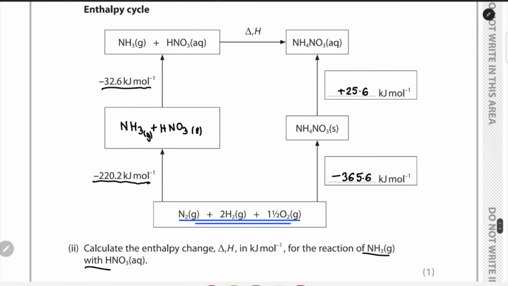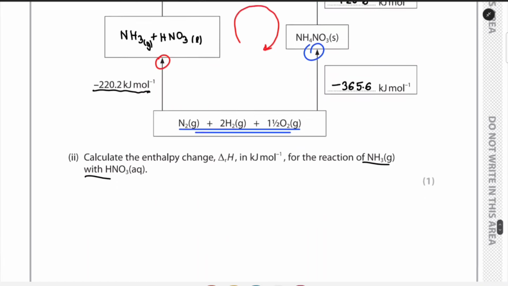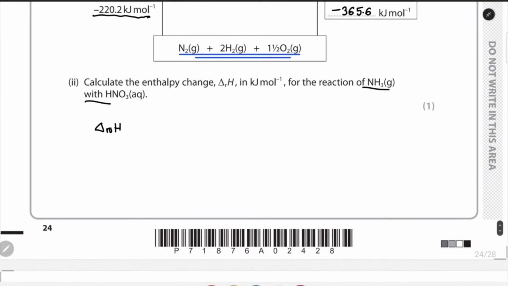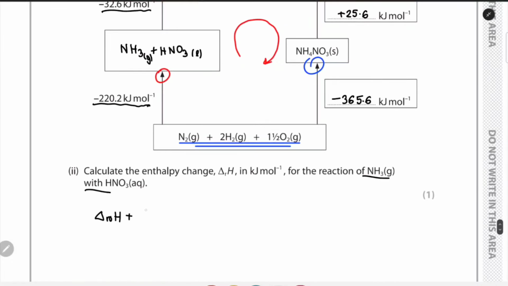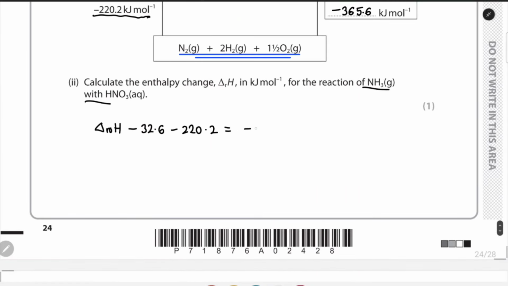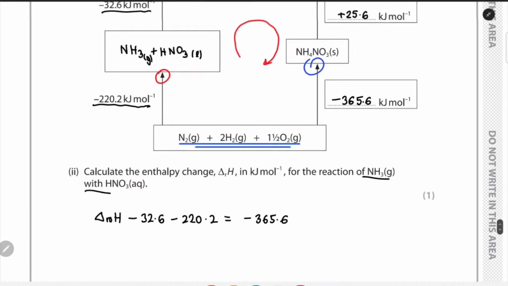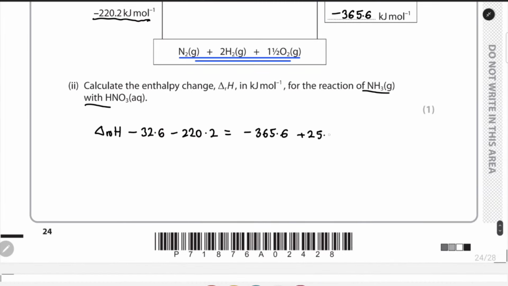So this reaction over here, if I look at the reactions that are clockwise, this is clockwise, this is clockwise, this is clockwise, the other two are anti-clockwise. So we'll add the three reds up, and this will be equal to the two blue ones. So the red ones are the reaction enthalpy, or the enthalpy change of reaction. Then we have minus 32.6, minus 220.2, and on the other side we have minus 365.6 and plus 25.6.